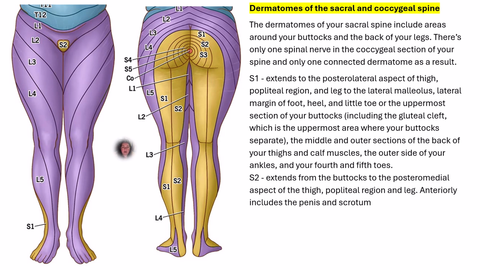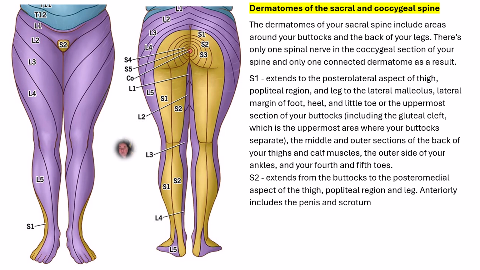There are a couple here, but S1 extends into the posterior lateral aspect of the thigh, the popliteal region, and leg into the lateral malleolus.